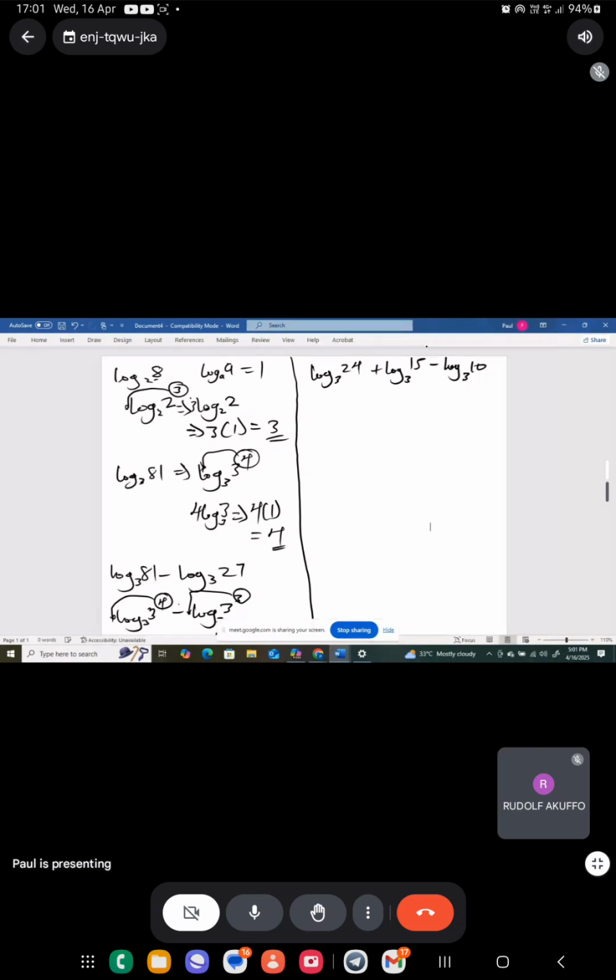You know that when they have the same base and they are adding, you can multiply, right? Yes. And when they are subtracting, you can divide. So the whole of this is equivalent to this.